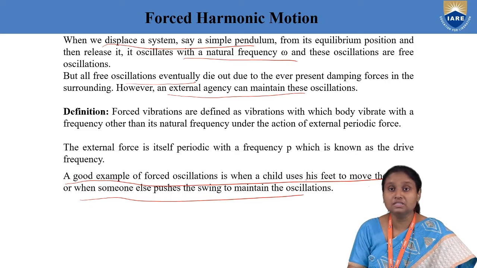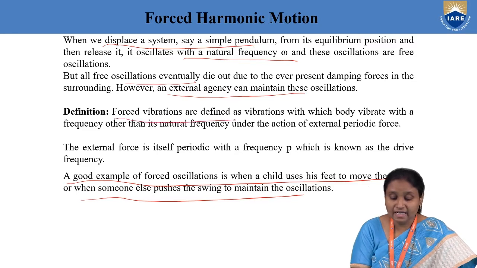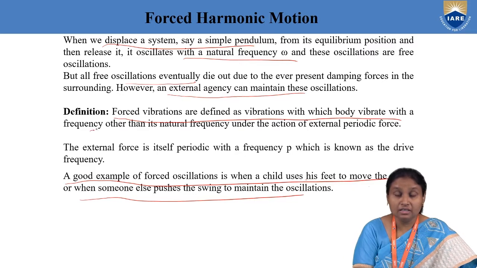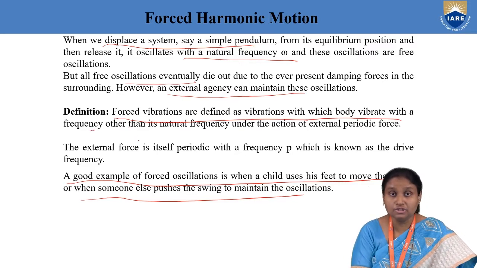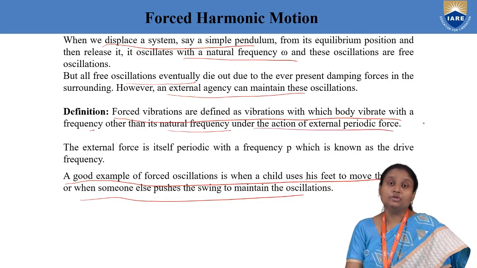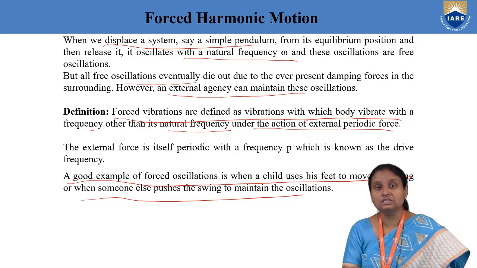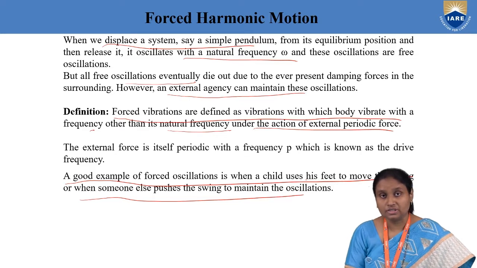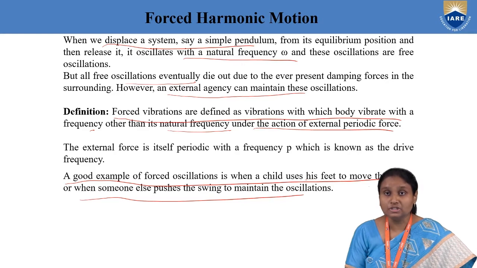So how can we define such forced vibration? It is defined as vibrations with which a body vibrates with a frequency, and because we are applying an external force, the body will not be vibrating with its natural frequency, but with some other frequency under the action of an external periodic force. In free oscillations, the body vibrates with its natural frequency. But in forced vibrations, because we are applying an external force, the body won't vibrate with its natural frequency.